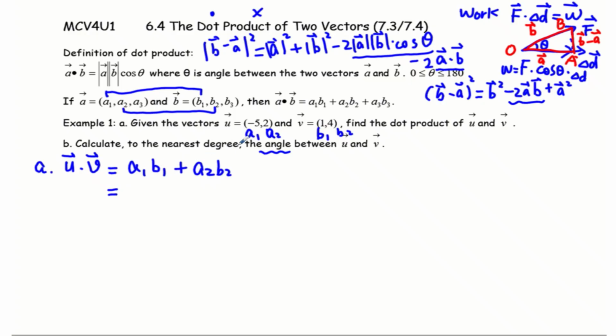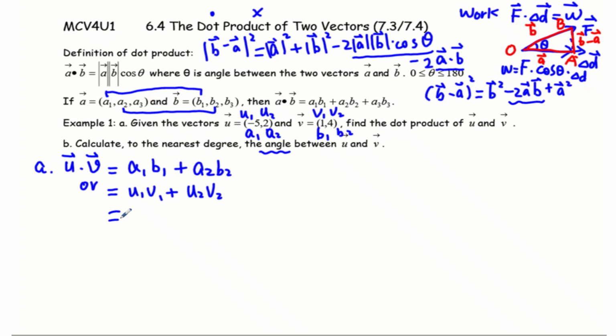Or you could write it as u1 v1 plus u2 v2. So u represents the component for u, 1, 2 represent the x, y direction.